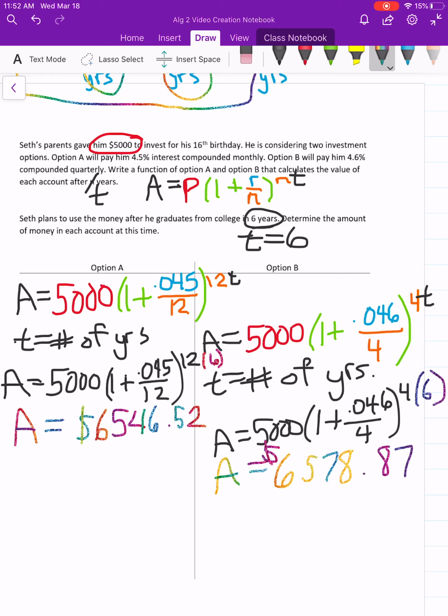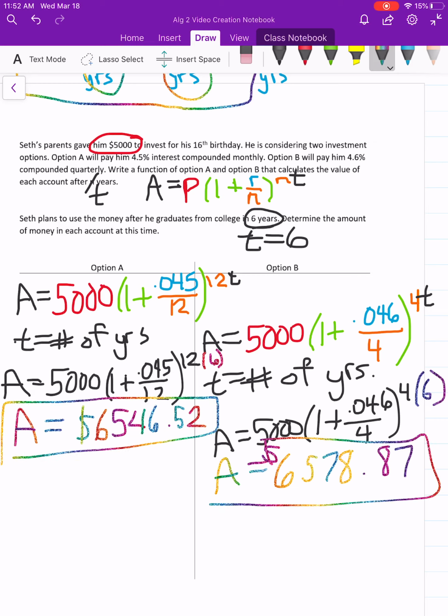And so now we've answered the question, and if we want to find the amount of interest that he has earned from these two accounts, we can just subtract the initial investment from the amount.